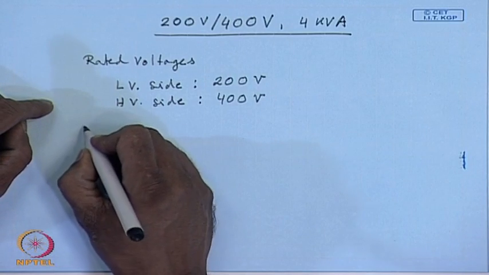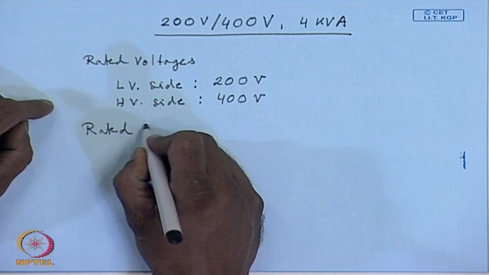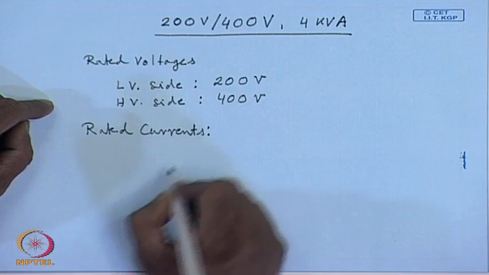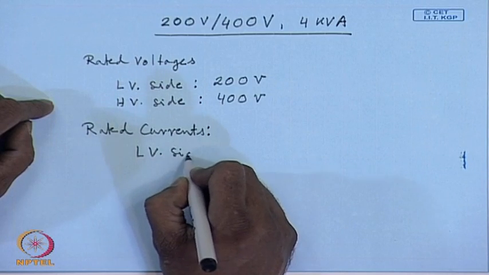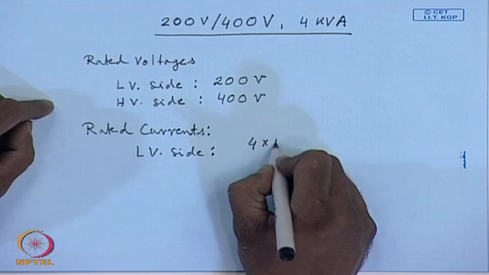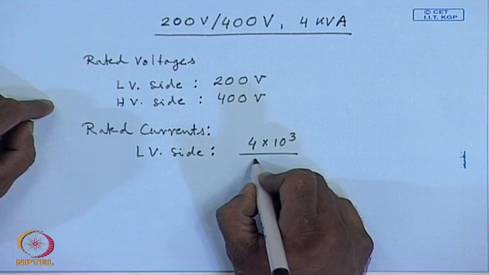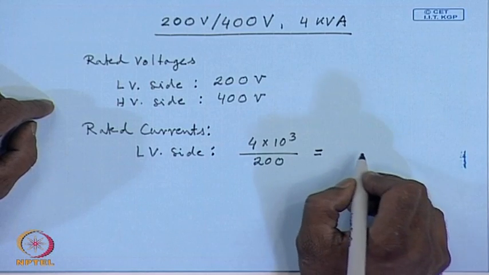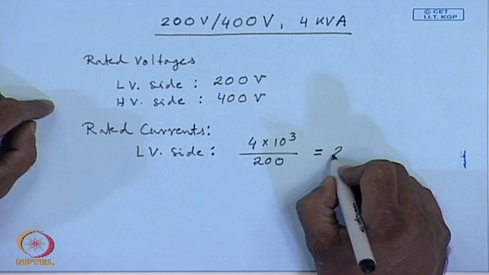Rated currents for the LV side, it is 4 kVA by rated voltage equal to 20 amperes.